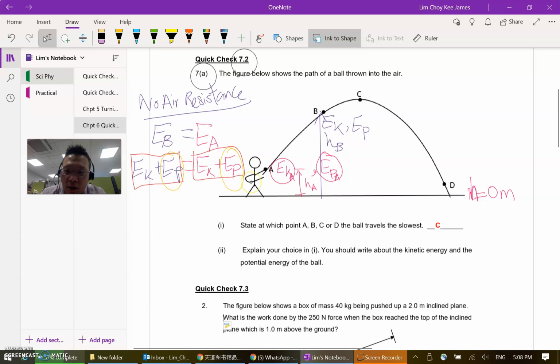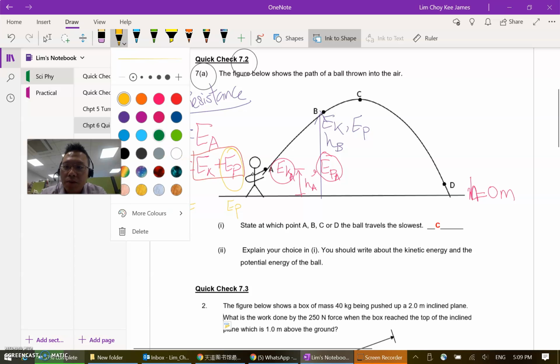So the quantity in terms of magnitude is that the EP here would be much more than the EP here. Look at the proportion, the size. In terms of sizing, if the potential energy at B is more than the potential energy at A, I will represent it in terms of dimension, the size of the letter.